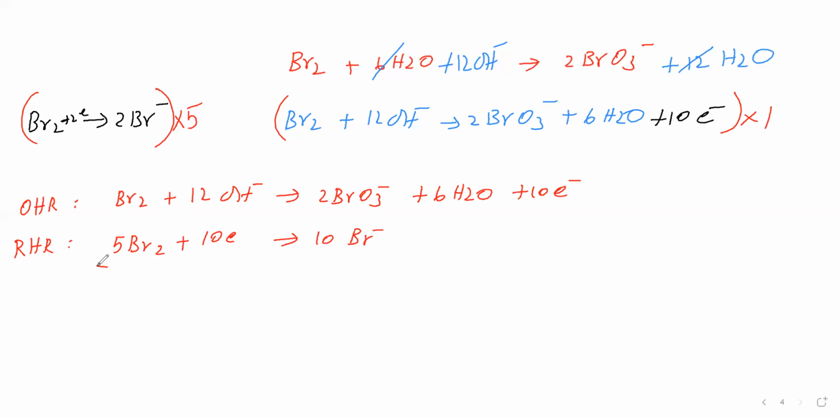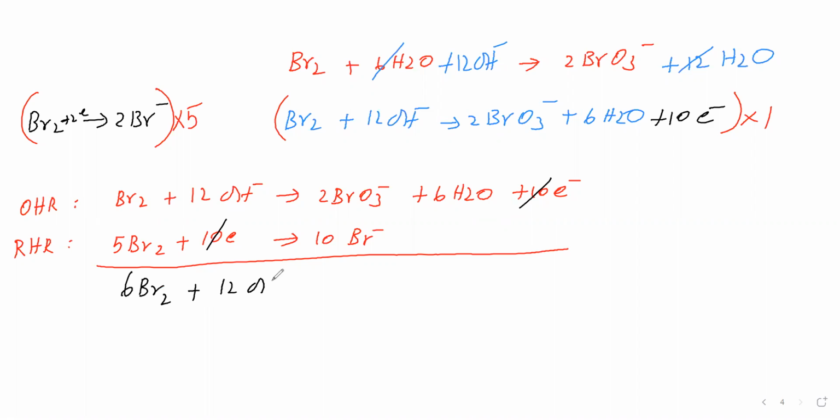Now we will see the overall reaction. 10 electrons will cancel. 5 Br2 plus Br2, 6 Br2, plus 12 OH minus. Then the right side is 2 BrO3 minus, 10 Br minus plus 6 water molecules.